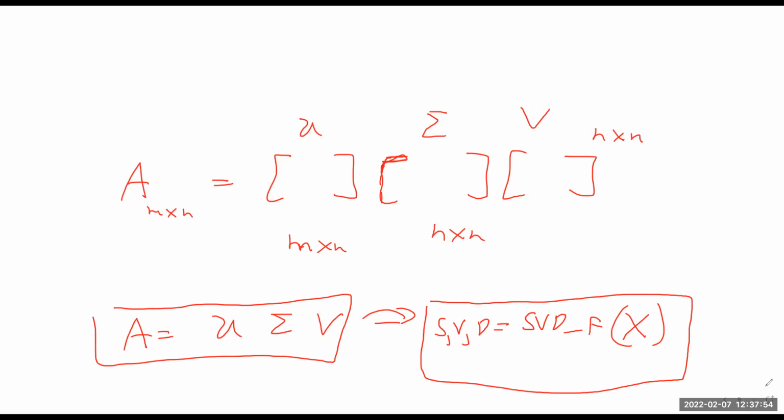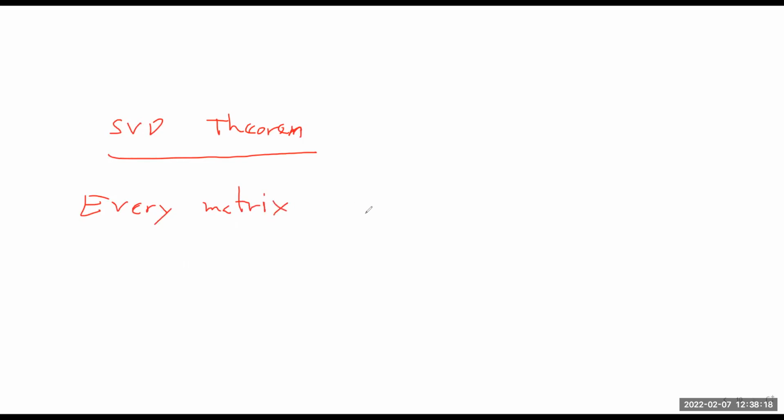I'll just write it out. Finally, there's a theorem, the singular value decomposition theorem. You can just accept that this exists. It says every matrix, let's call it A, which is m by n.